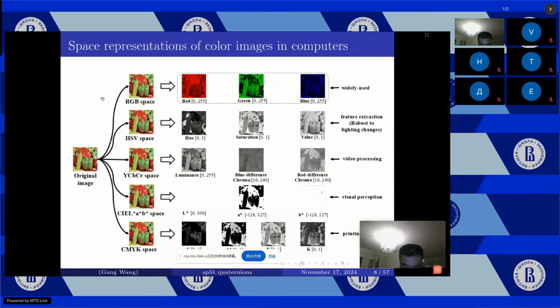This intuitive approach enables efficient processing and rendering of color images in computer image processing tasks. In addition to the RGB model, other color representations such as HSV, YCbCr, CIE Lab, and CMYK are also used in specific applications, including feature extraction, video processing, visual perception, and printing.